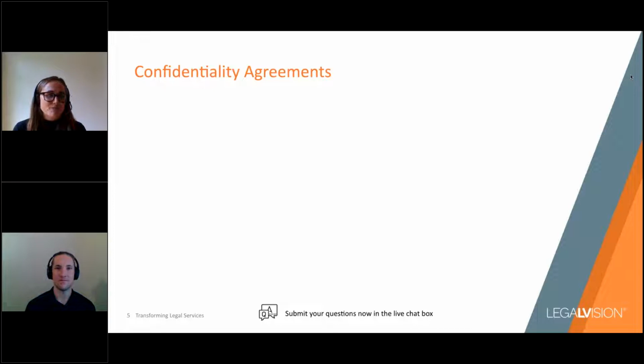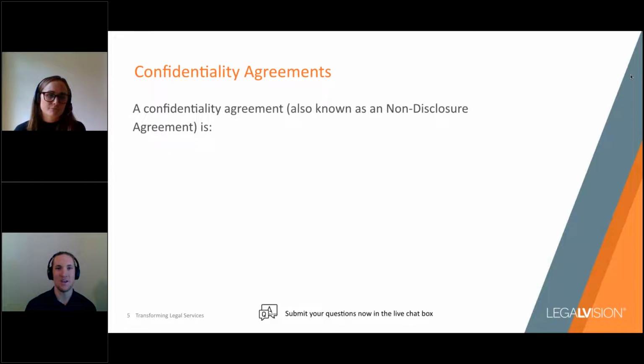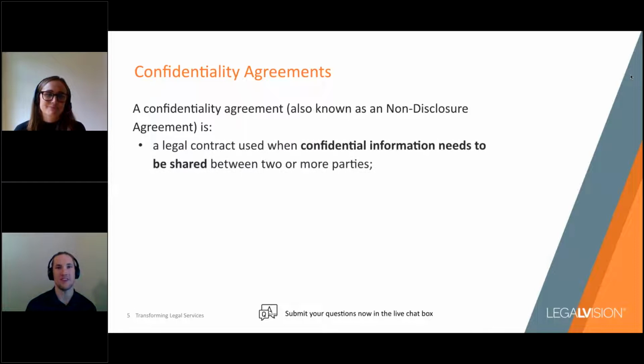Confidentiality agreements. Rob, what are they? Yep, they're pretty well as they sound, Ali. They're a legally binding agreement that covers the sharing of confidential or sensitive information between two or more parties. It's a really important document, particularly if you're just starting out your new online business.